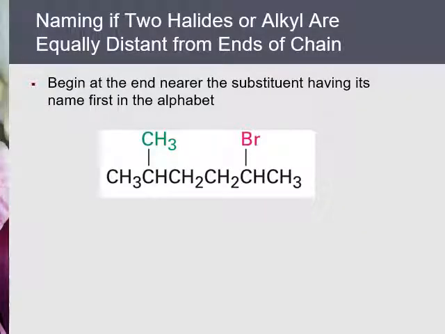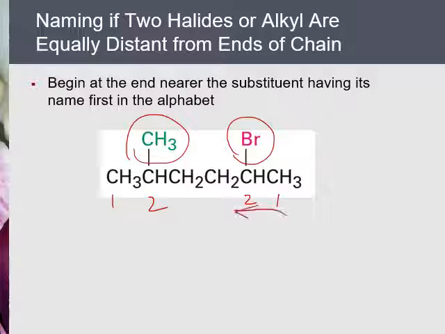If in a molecule the halide and the alkyl group are equidistant from the ends of the chain, for example, if you number from left to right, methyl is number 2. If you number from right to left, the bromine is number 2. So both are equidistant from the two ends. In this case, we follow the alphabetical order.